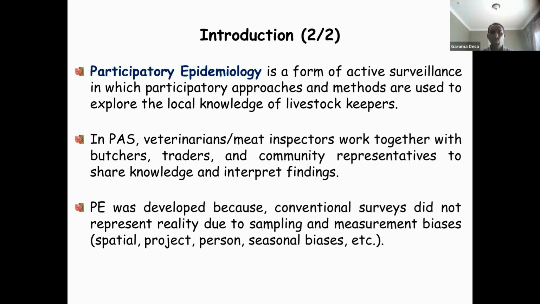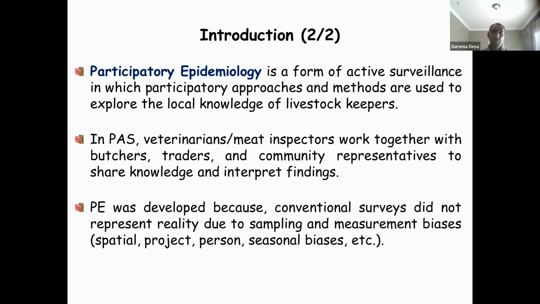Then the output of the epidemiological study will be applied to control the disease of animals. That means the output of the study of the spatial distribution, the temporal distribution, and the study of the determinants will be used to control the disease.